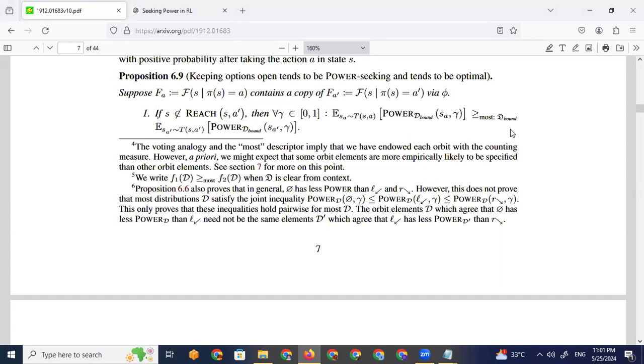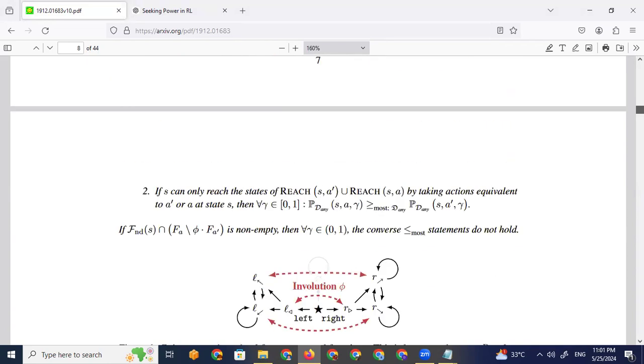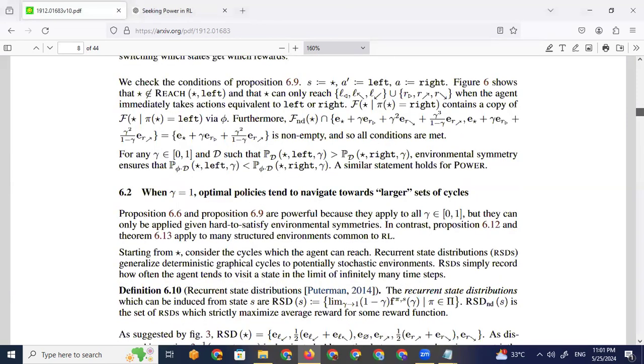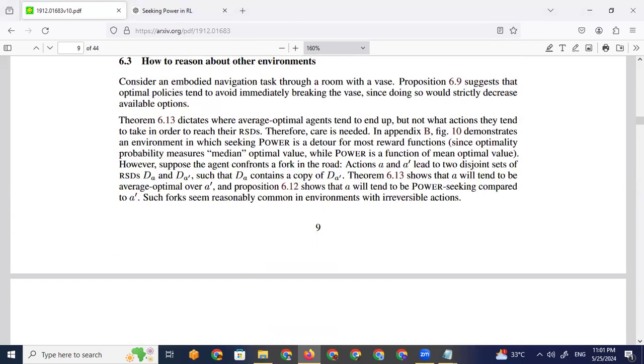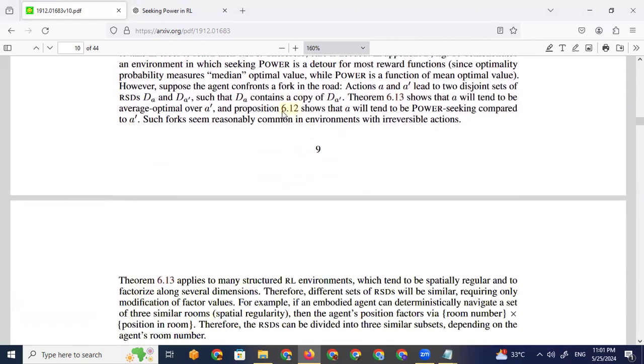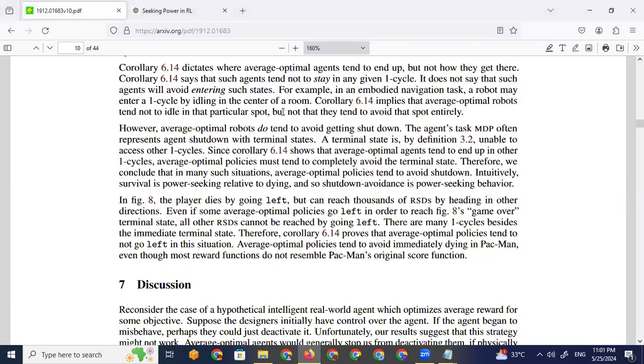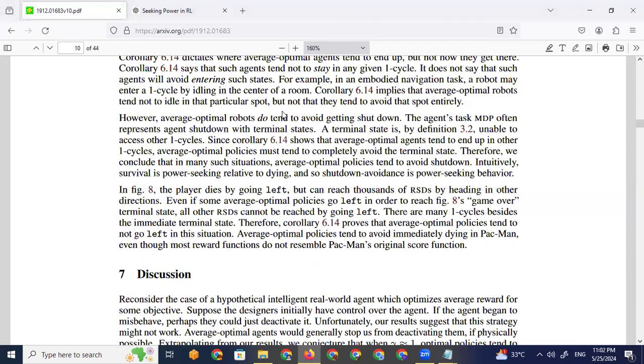It likes to have more options, because of the certain metric calculations that we have done, right? We have calculated some metrics based on the MDP, the Markov decision process.